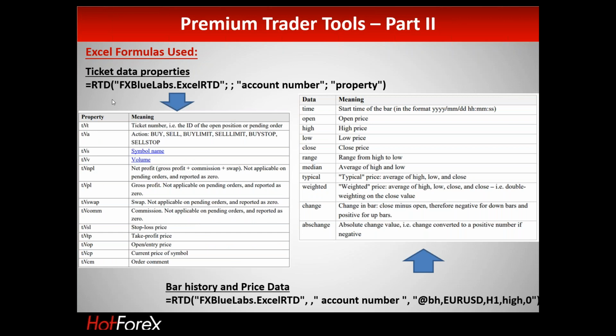What I mean by that, if you already have open positions, you can see the ticket number. If you are buying, if you're selling, if you're buying limit, if you are in buy stop, etc., you can see your symbol name, the volume, net profit, gross profit, swaps, commissions, everything.